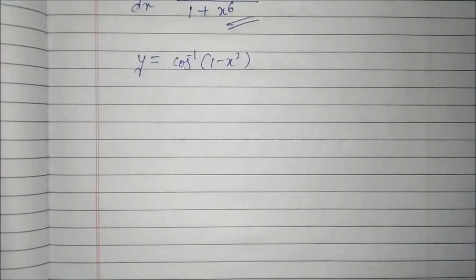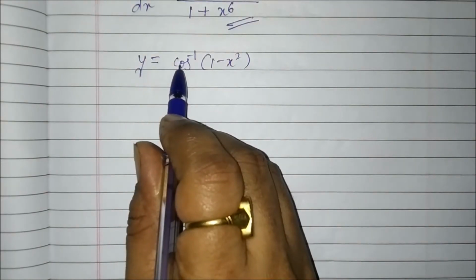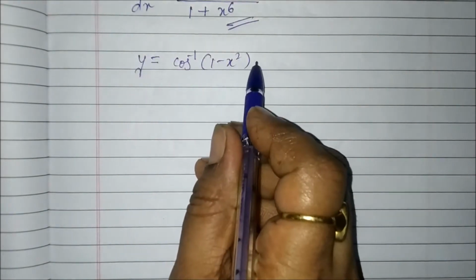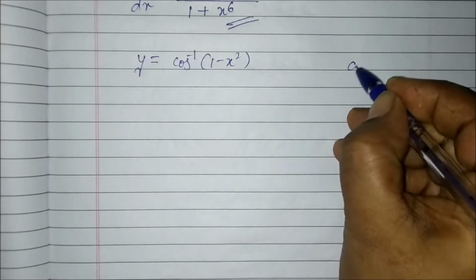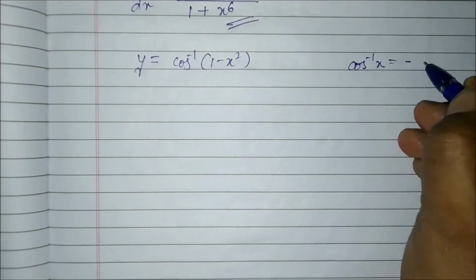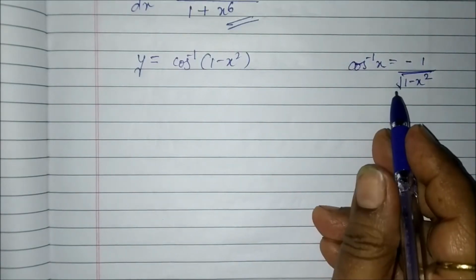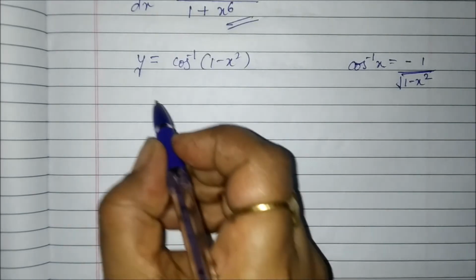Now next part. Function is given y equals cos inverse of 1 minus x square. First see, the derivative of cos inverse x is minus 1 upon under root of 1 minus x square. So we have to use this formula in this question.